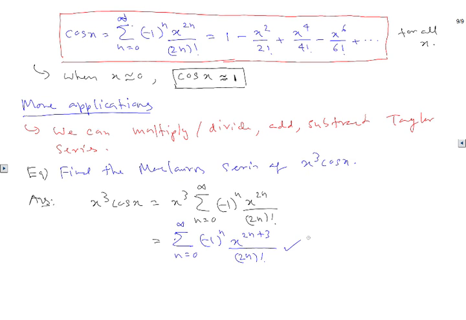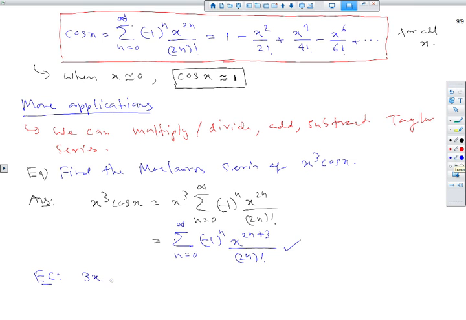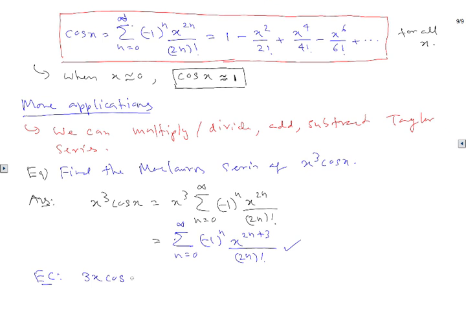We can do a little harder one if you want. This is an extra problem if you want to try: 3x cosine of x squared over 4.